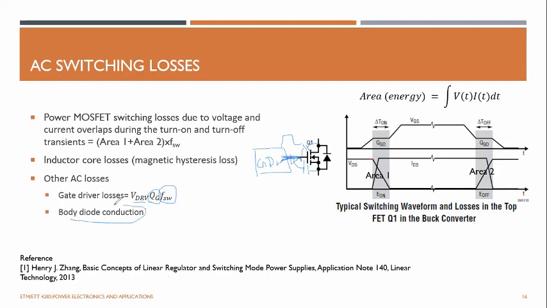Also there are some losses due to the body diode. Sometimes it takes some reverse recovery time, so it is also possible to dissipate some heat during this body diode recovery. All these factors contribute to the final loss of a buck converter.